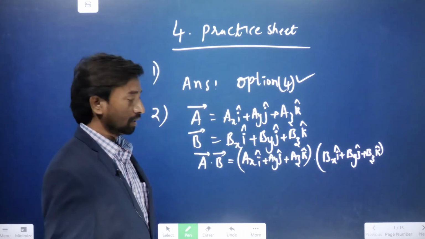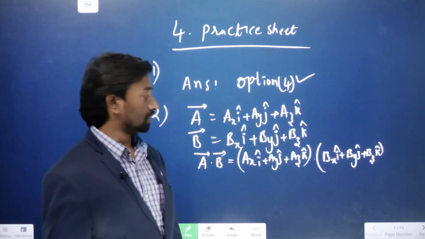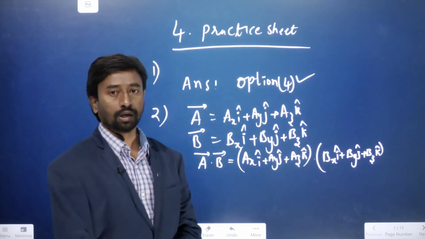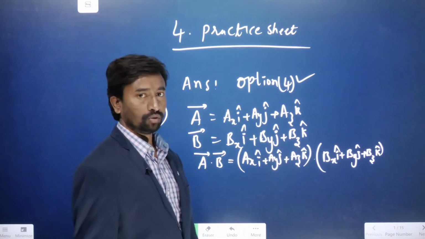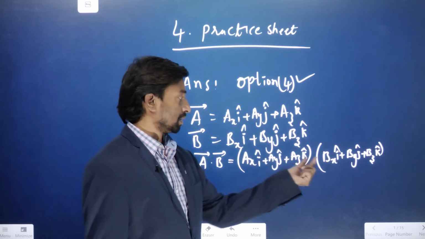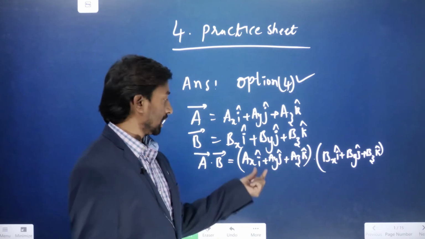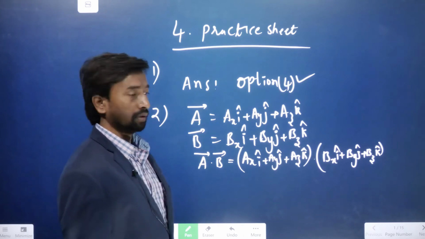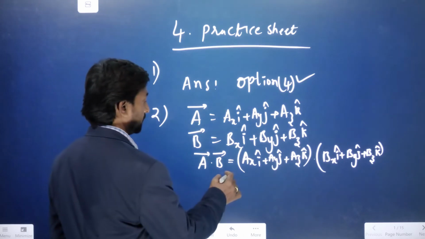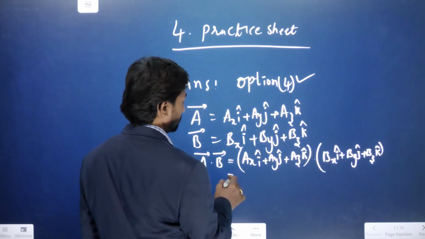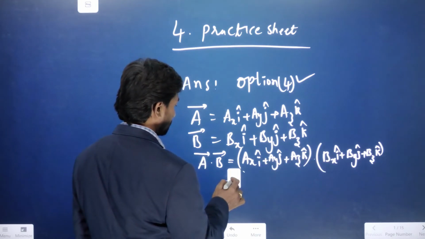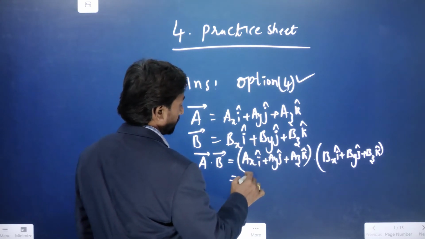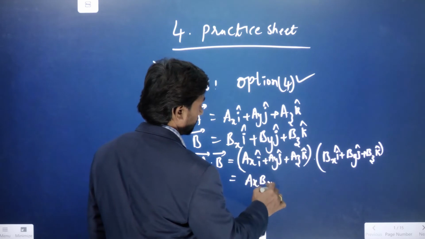We know that in the last class we have seen that the dot product of similar unit vectors is 1 and the dot product of different unit vectors is 0. So i cap dot i cap is 1, and i cap dot j cap, j cap dot k cap, k cap dot i cap are 0. We multiply ax i cap with bx i cap, so we get ax bx.